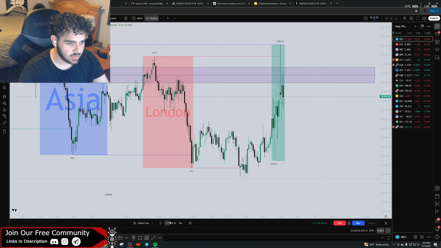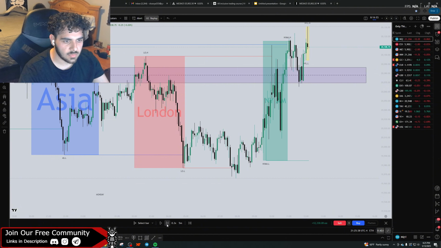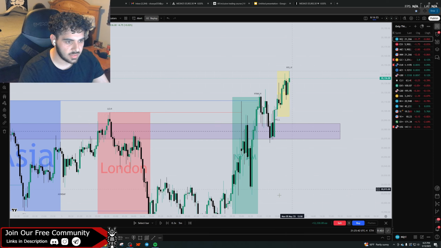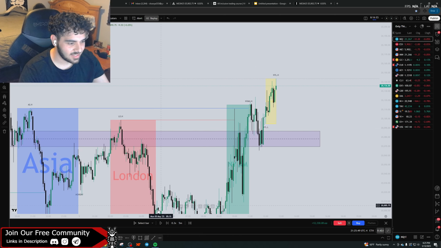Looks like our target got hit though. Yeah, not a single good entry right there. Hardly any fair value gaps. When you see that, that's how you know price is going to be choppy, when there's no fair value gaps.